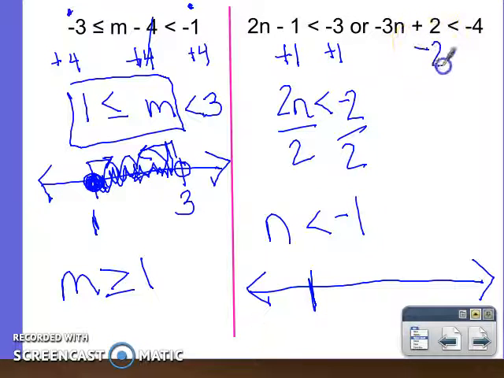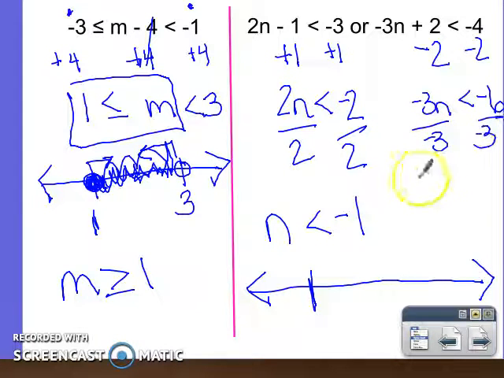So I'm going to subtract 2, I get negative 3n is less than negative 6, divide by negative 3, n is greater than 2.